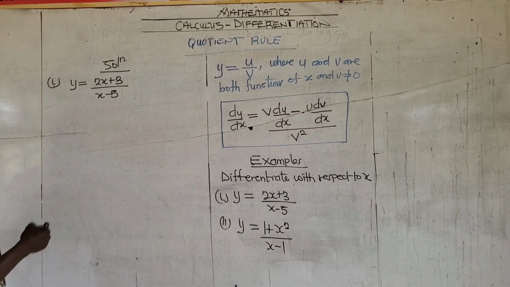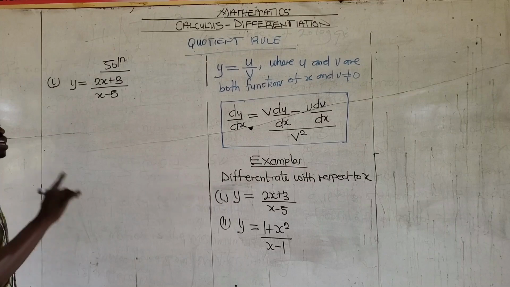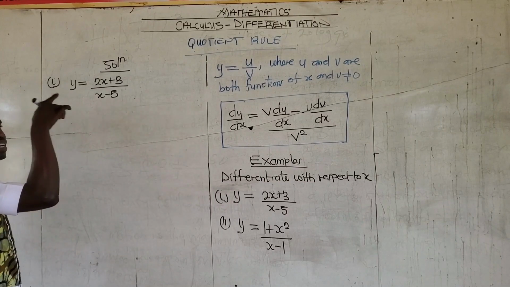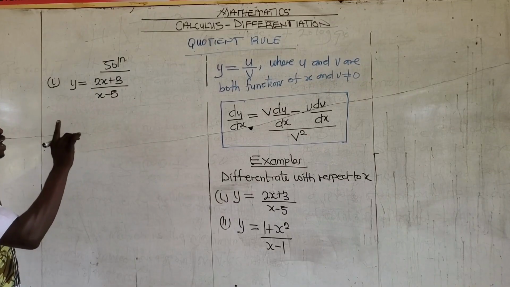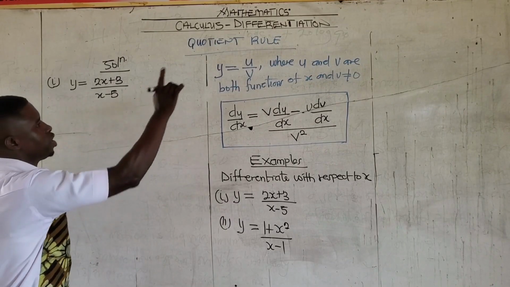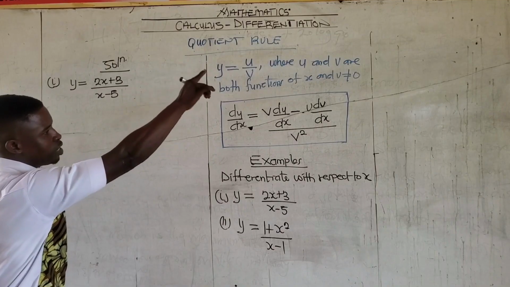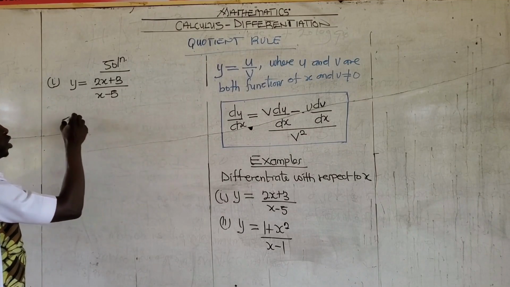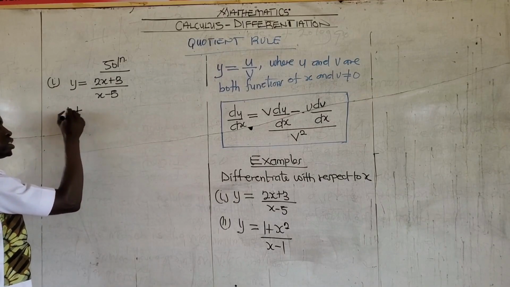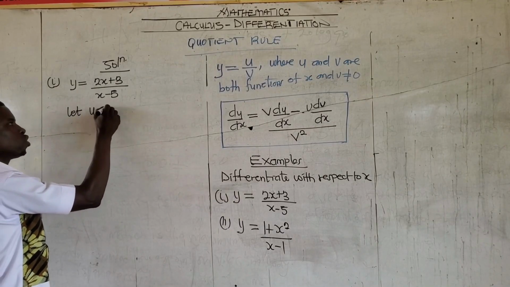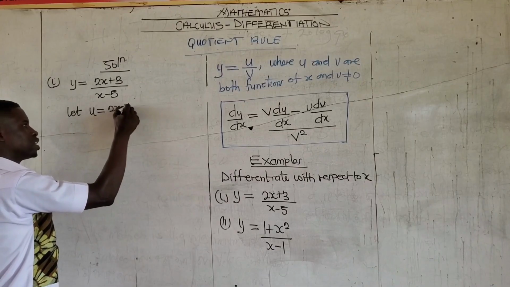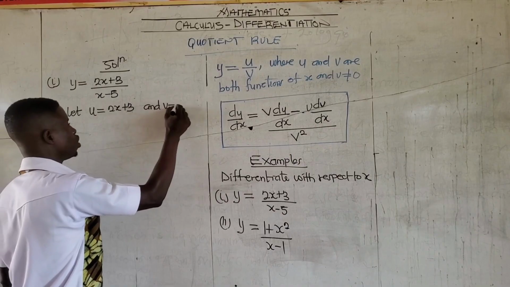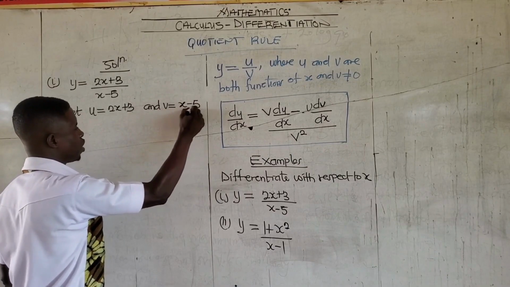The first thing we do is to denote the numerator and the denominator by parameters. So we say let u equal 2x plus 3 and v be equal to x minus 5.